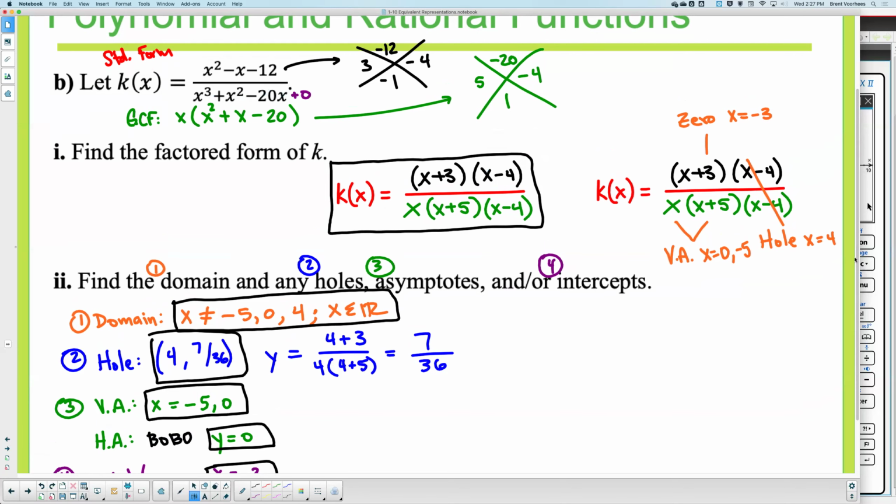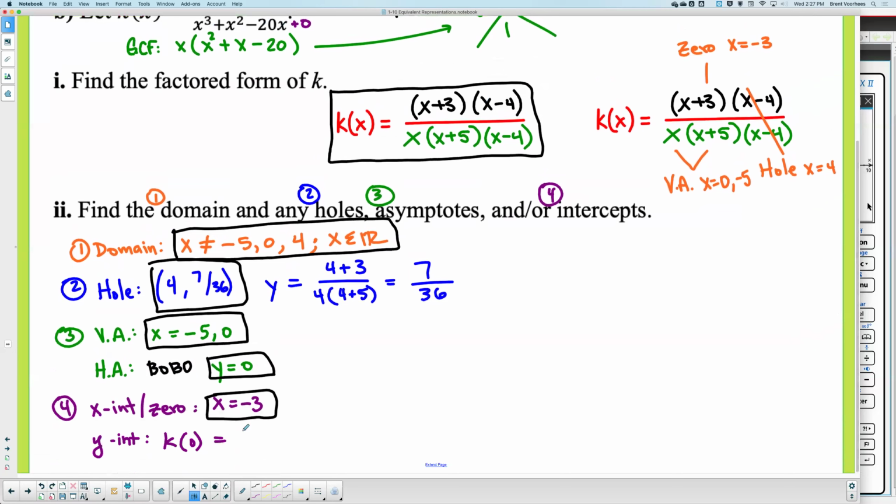So it's -12 divided by 0. Well, what is anything divided by 0? Not 0. Undefined. So guess what? There is no y-intercept. This graph would not cross the y-axis.